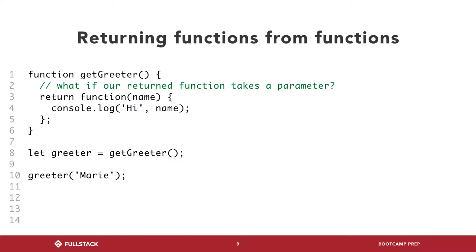So let's keep going here. Once again, we have our return. We have our anonymous function that we're returning, except now the function takes in an argument. Therefore, when we invoke getGreeter, and I see the open and close parentheses after it, this is going to return what? What does this become? Everything on the right hand side of this equal sign.